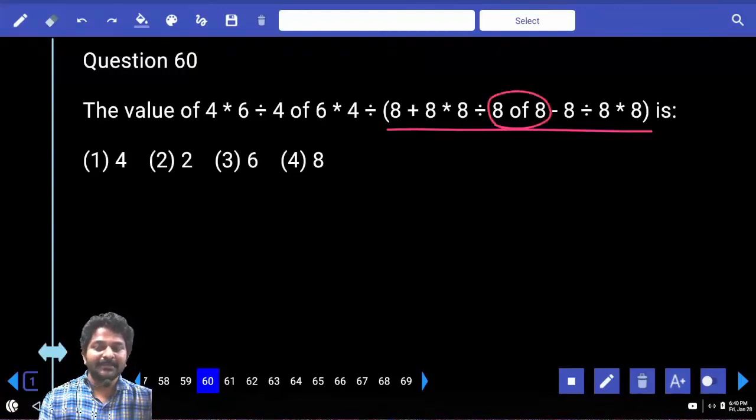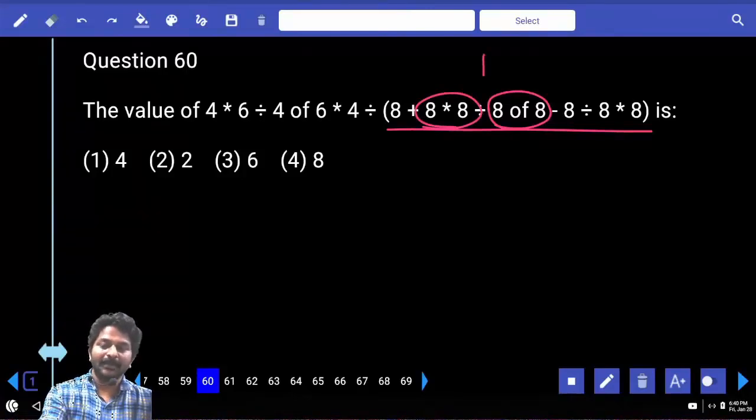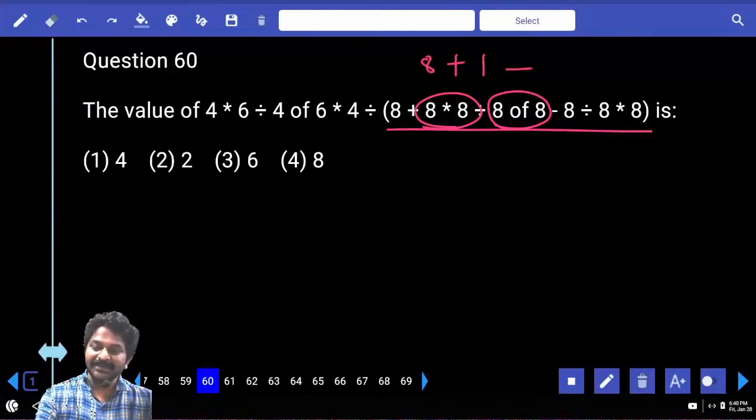8 into 8. Come on. So this entire value is divided by 64. 8 into 8. 64 divided by 64. 1. Before that we have 8 plus 1 minus 8 divided by 8. 1 into 8.